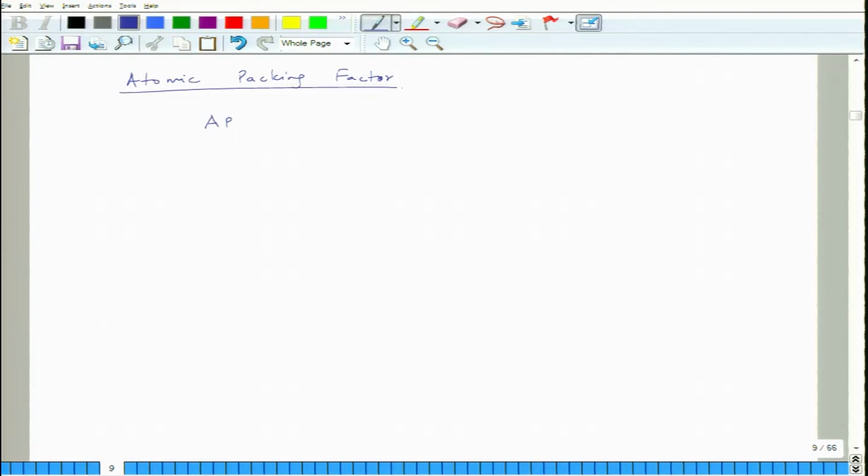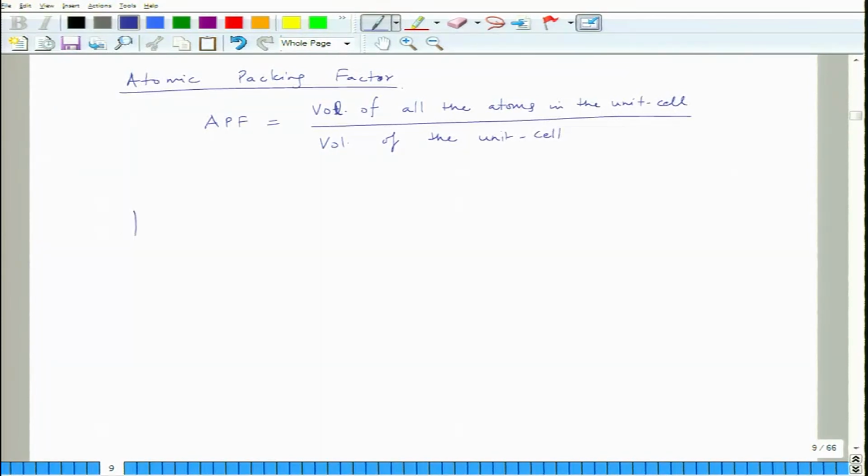APF is basically the volume of all the atoms in the unit cell divided by the volume of the unit cell. So, let's see in case of FCC.